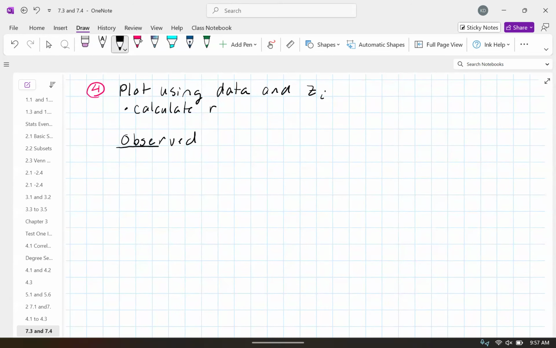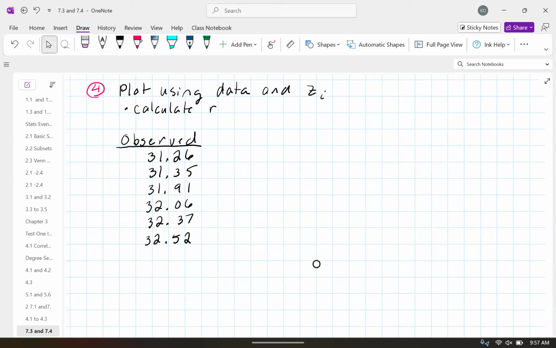This is the data we observed: 31.26, 31.35, 31.91, 32.06, 32.37, 32.52. 1, 2, 3, 4, 5, 6. Yep, 6 data values.